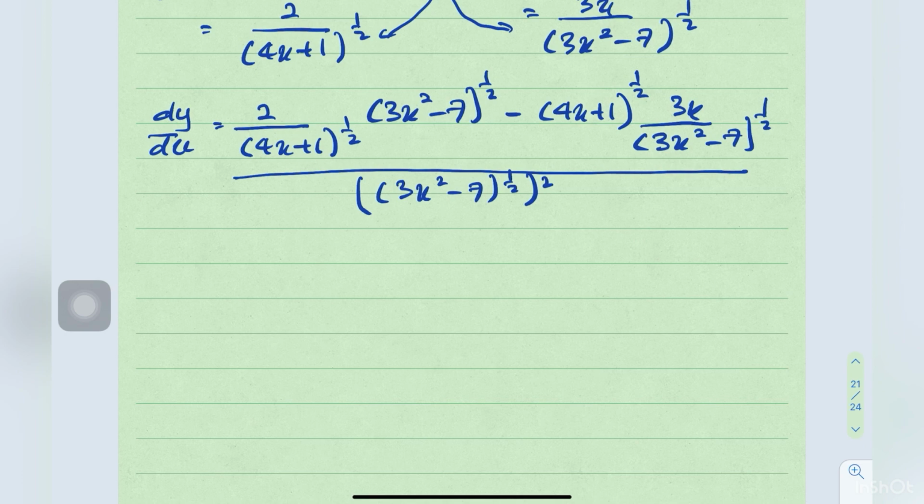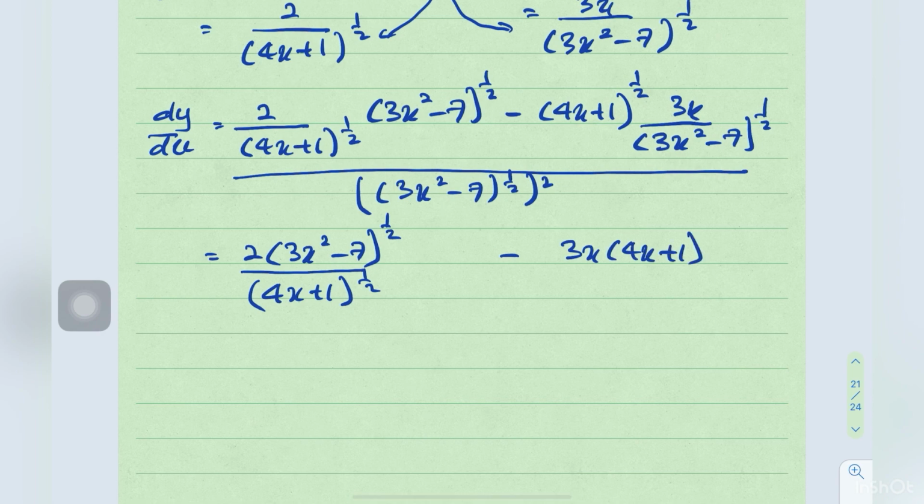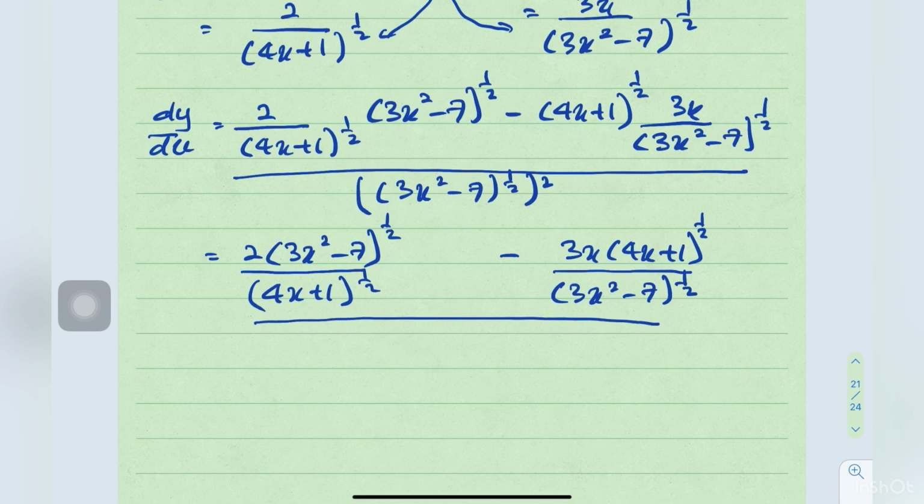Okay, so we simplify this one to (3x squared minus 7) to the power of 1/2 over (4x plus 1) to the power of 1/2, minus 3x times (4x plus 1) to the power of 1/2 over (3x squared minus 7) to the power of 1/2, over v squared. This one we can simplify. We get 3x squared minus 7.